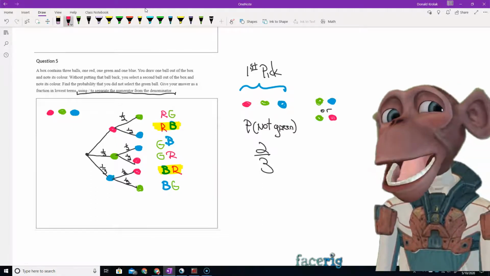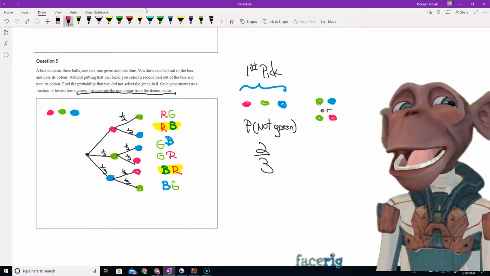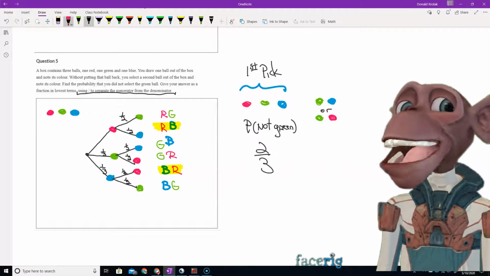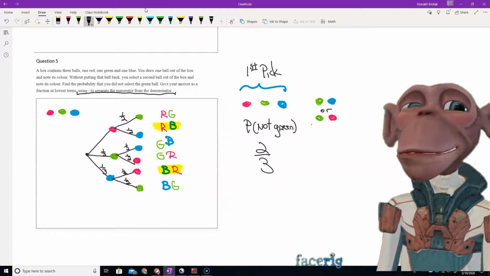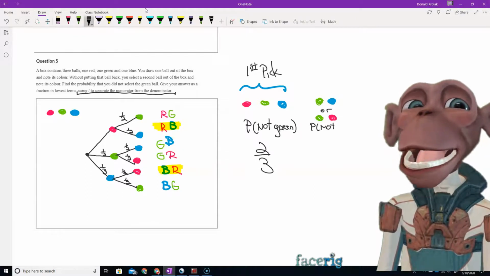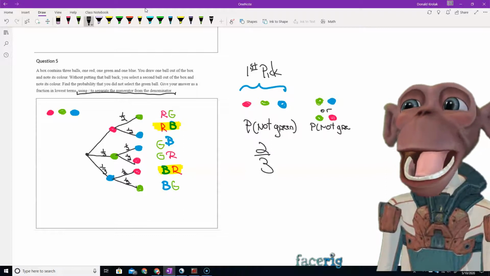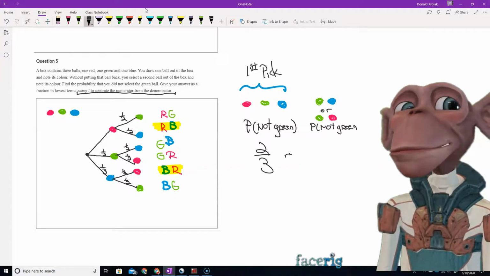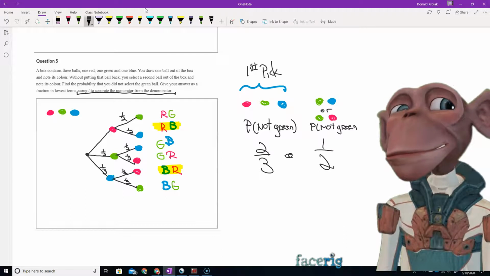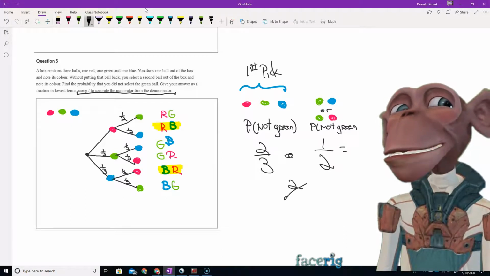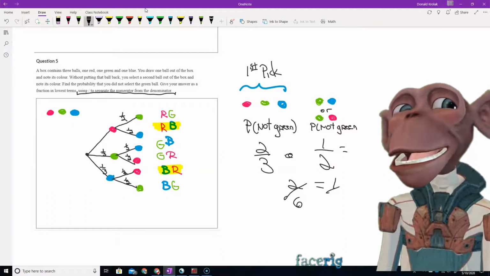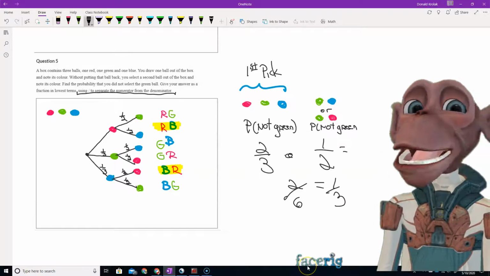If I pick the blue one, then I'm left with a green and a red. So the probability, out of the possibilities left, of not picking green in either one of those is 1 out of 2. Which gives me 2 out of 6, which is 1/3.